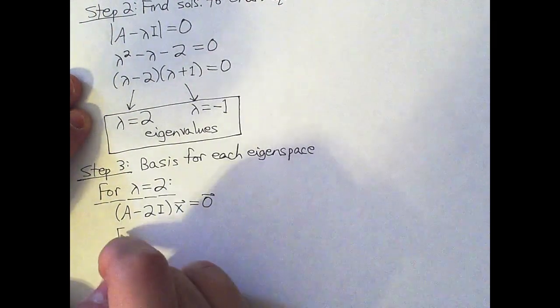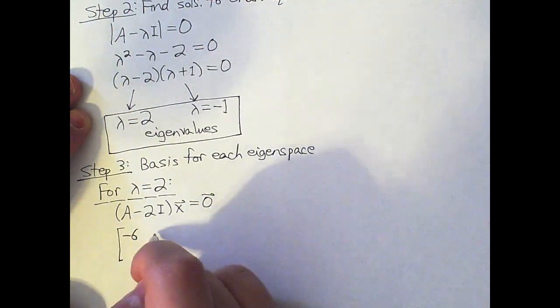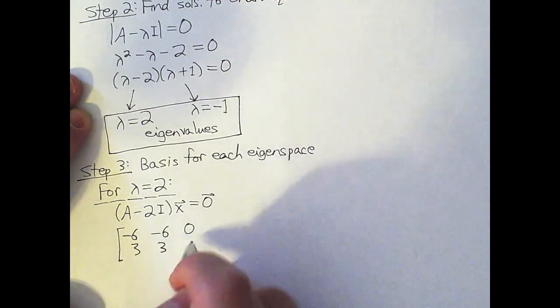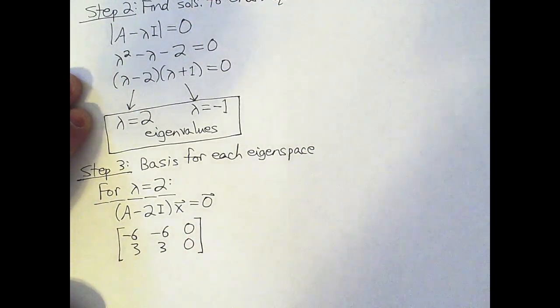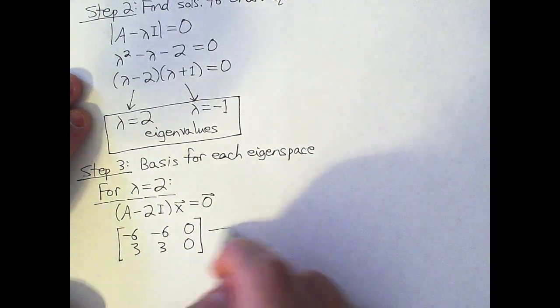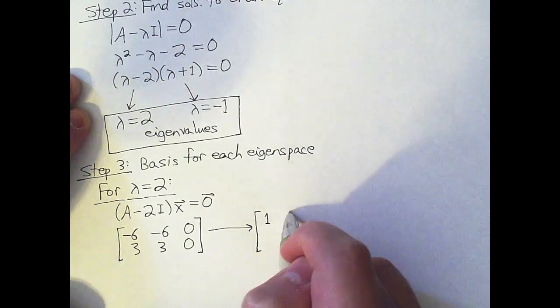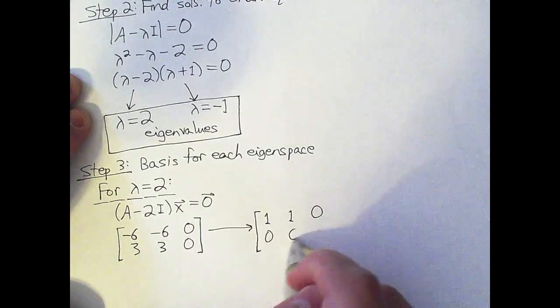The augmented matrix that I got was -6, 0, 3, 3, 0. So 1, 1, 0, 0, 0, 0.